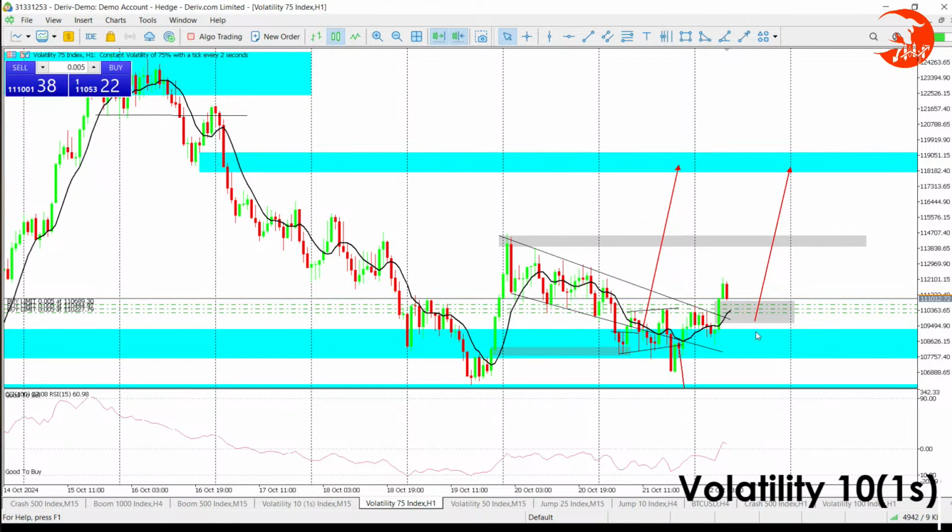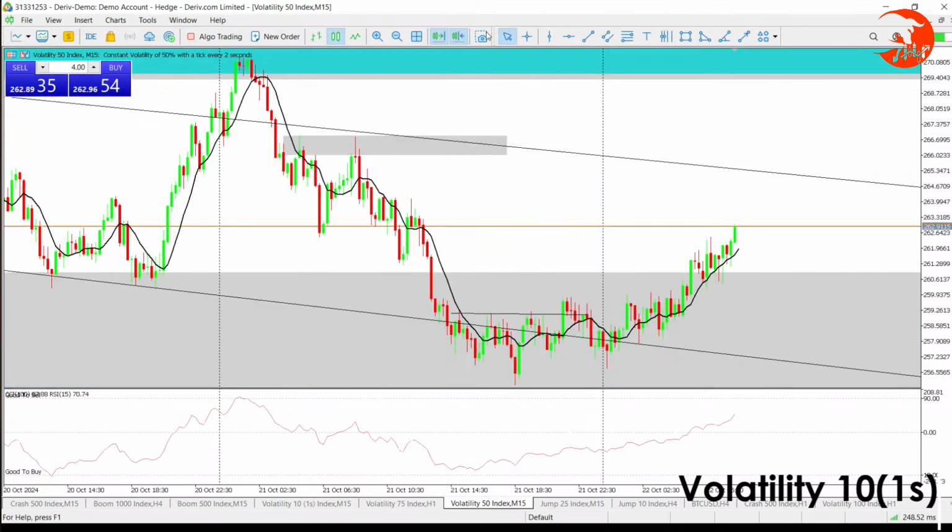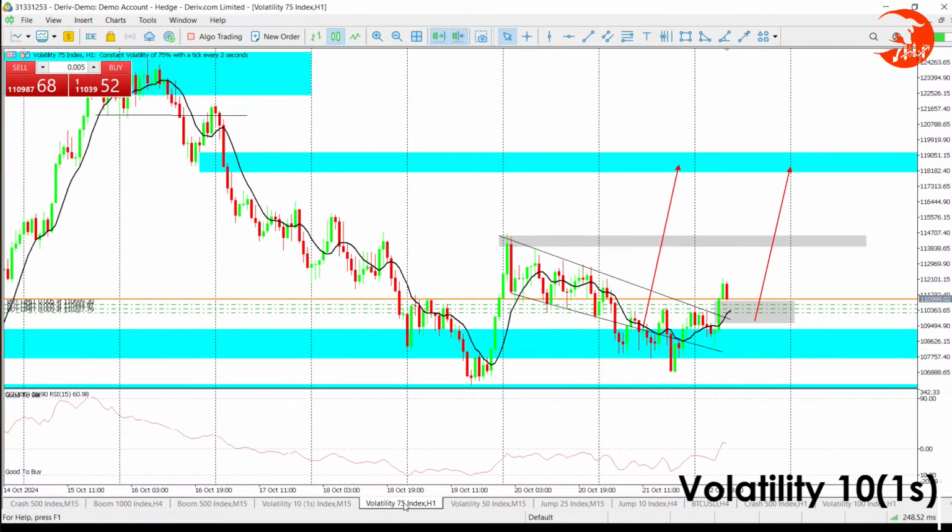Now I want to head over to another asset. First delete these, no longer necessary. Right, so now we head over to V50. V75, don't forget we are waiting for this to be reaching this level.